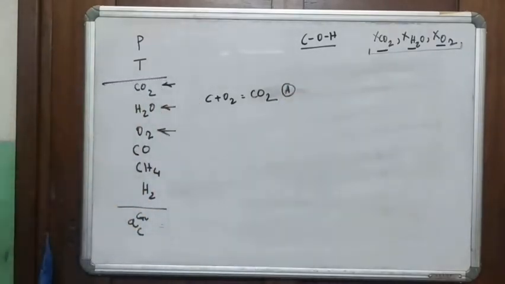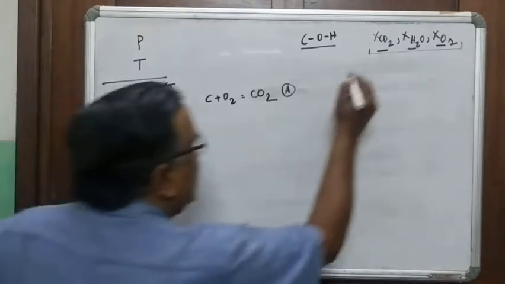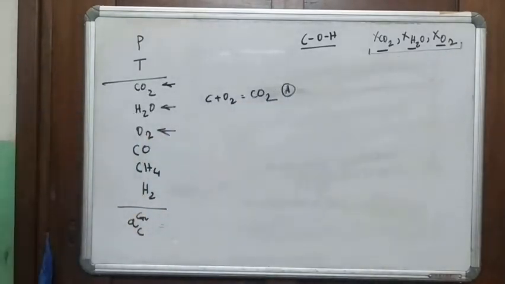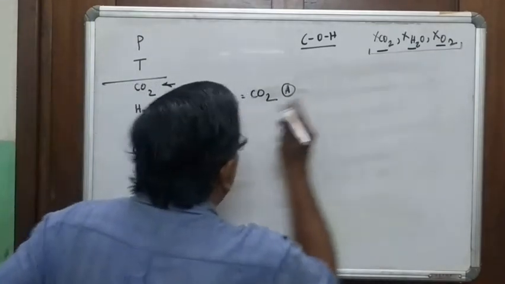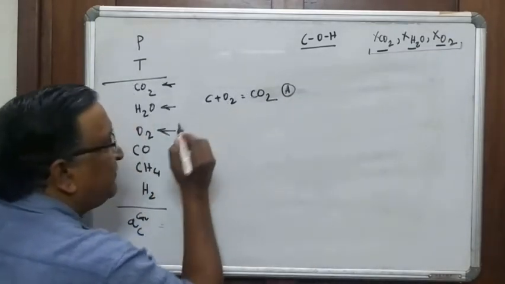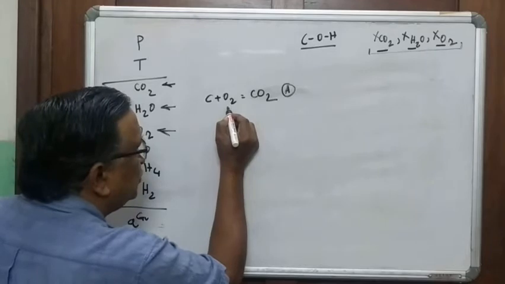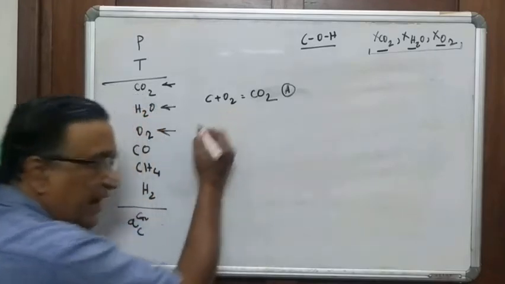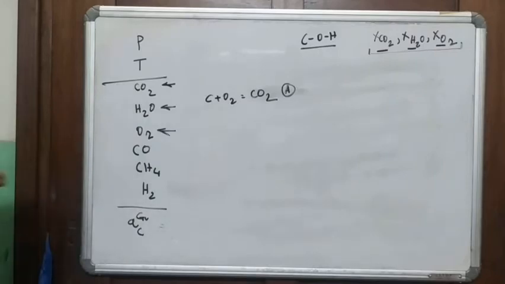From reaction A, what can we find? We know HCO2, we know XO2, isn't it? The 3 are the input variables. So if we know HCO2 and XO2, then we know the activity of C. Why?